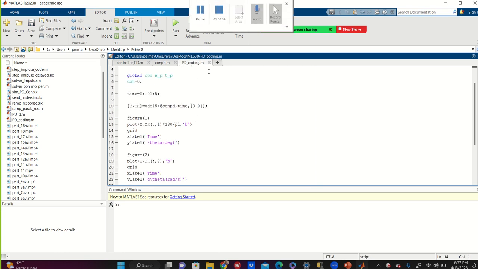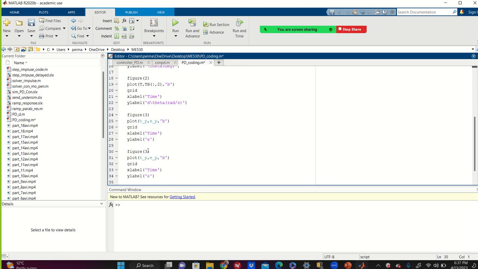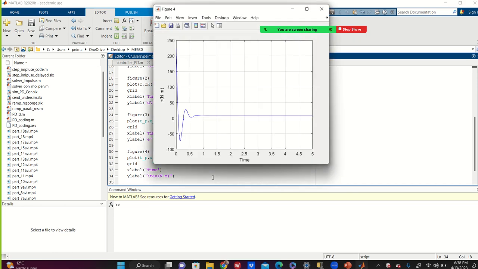It's gonna be UP here, control input. Here we go. And figure 4. And it's gonna be UP. And obviously your UP is torque, remember? It's tau, Newton meter, obviously, no doubt. Because this is pendulum.